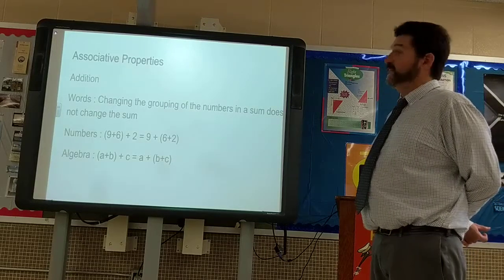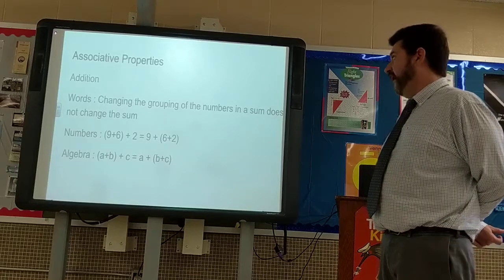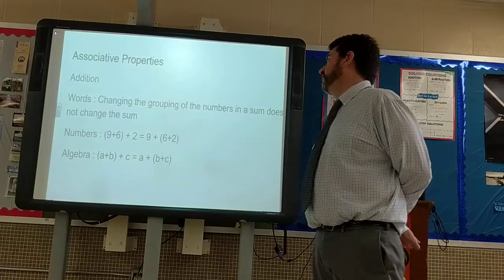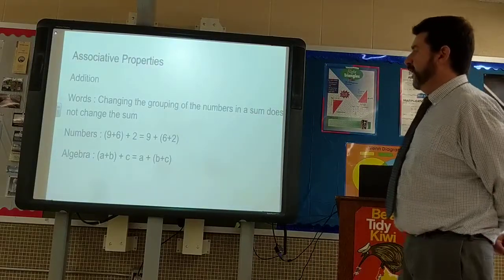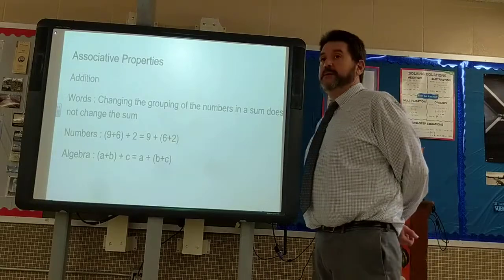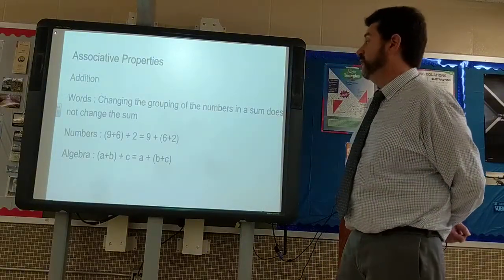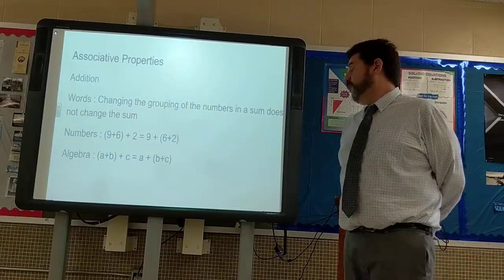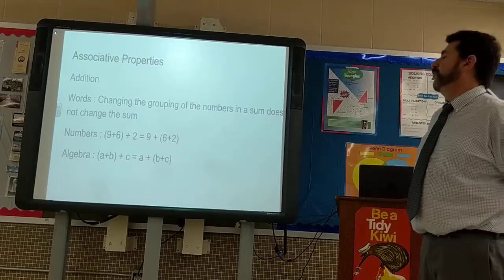If we do it the other way, 6 plus 2, because we're doing the parentheses, is 8. 8 plus 9 is 17. 17 is equal to 17. Algebraically, (a plus b) plus c is the same thing as a plus (b plus c). So, if you're doing the parentheses first, you can do a plus b, or you can do b plus c. You can even do a plus c.